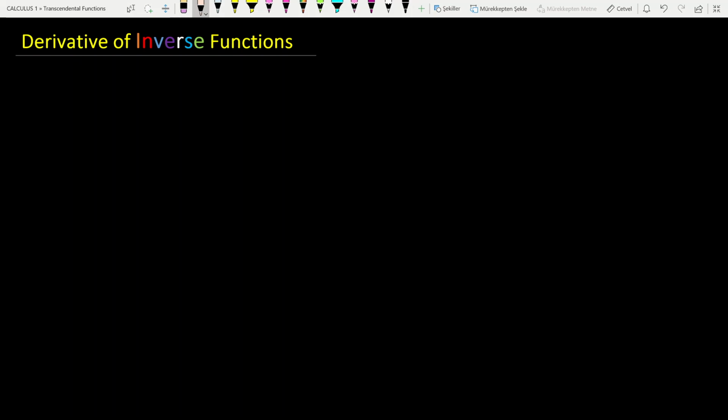We know that a function has an inverse if it is one-to-one. So, what is a one-to-one function? Let me first give this information.